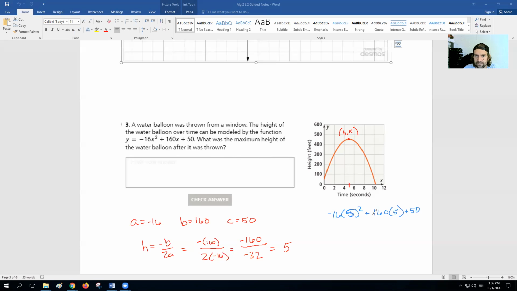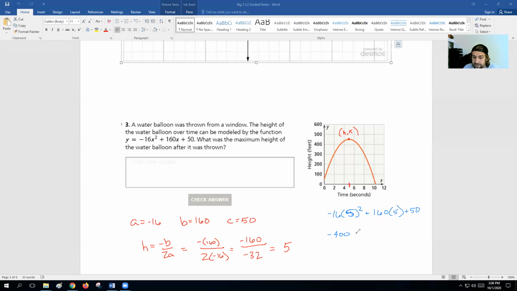I don't have a calculator near me, so let's see how well my skills work with math. 5 squared is 25. 25 times negative 16 is negative 400.